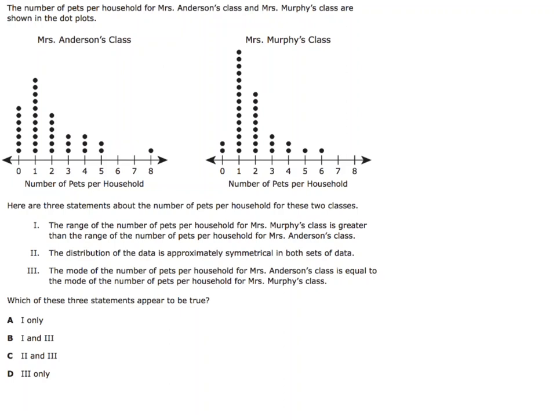All right. So the number of pets per household. Mrs. Anderson's class and Mrs. Murphy's class. All right. Here we got to calculate. So I'm going to say Mrs. Anderson's class, Mrs. Murphy's class. Well, let me move those over just a bit.